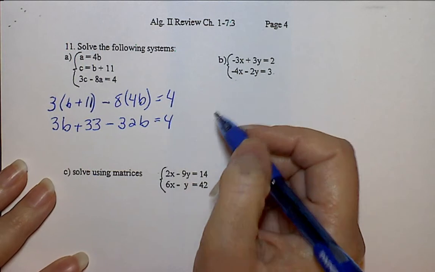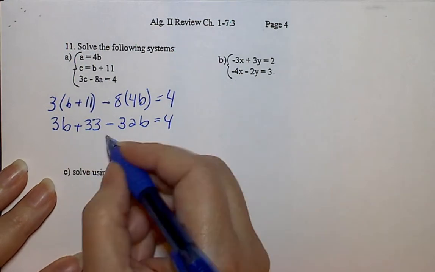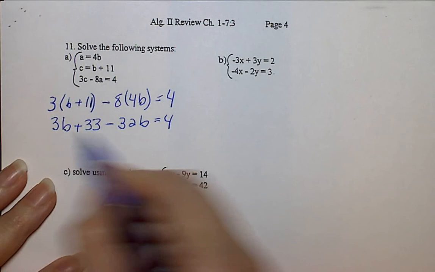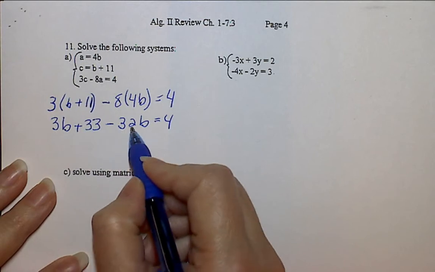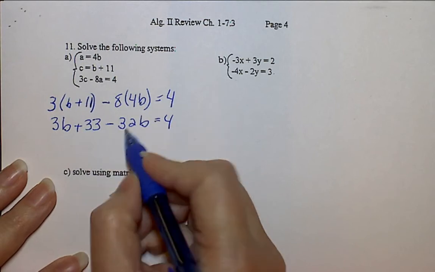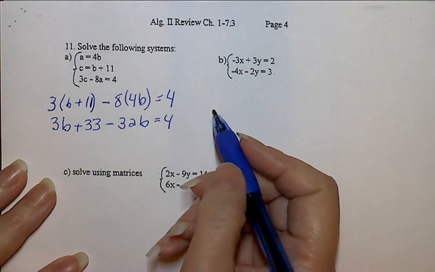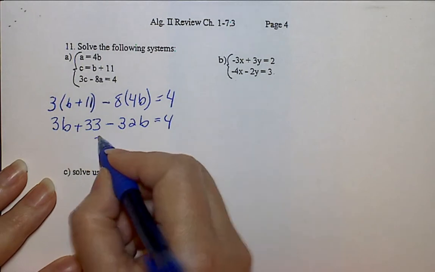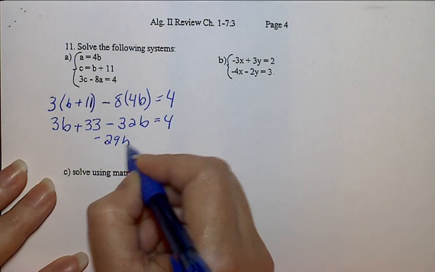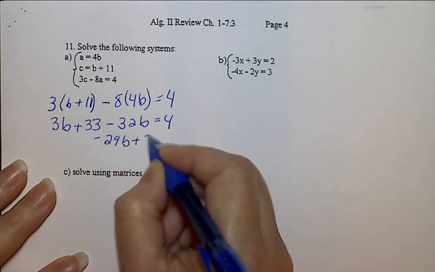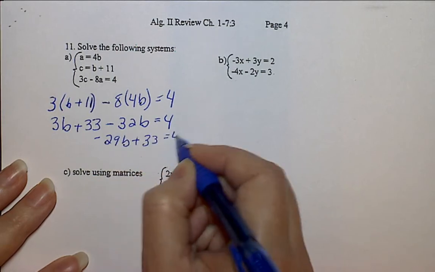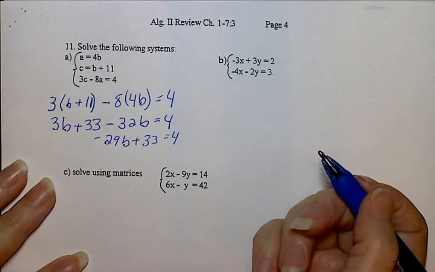Combining like terms, I have my 3B and a negative 32B. So how many B's do I get? Negative 29B plus 33 is equal to 4. So what's my next step?